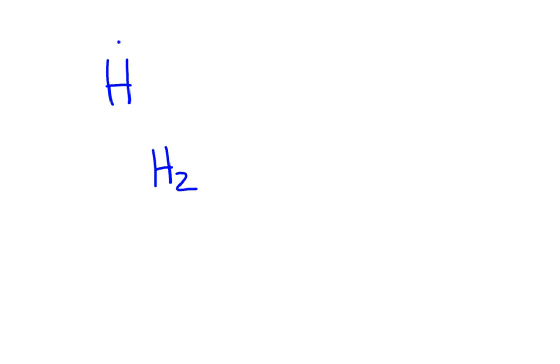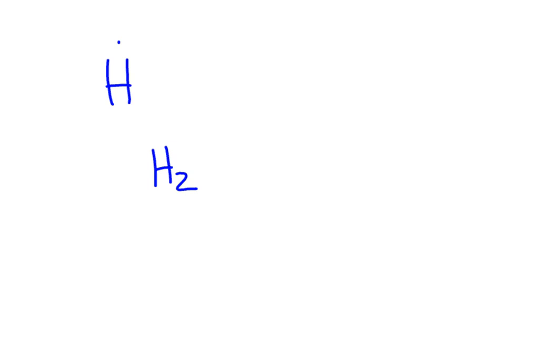A molecule is a collection of different atoms, or even the same atoms, that are physically bonded together. We have not seen any molecules yet in this unit. All we've seen are compounds because the aforementioned ionic bond is not a physical connection between two atoms. It's just an attraction between two atoms.